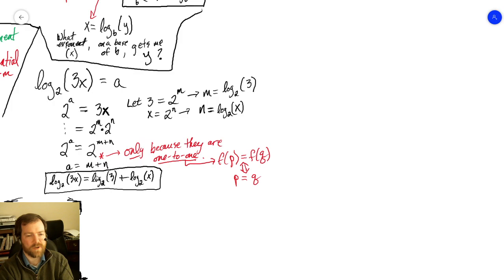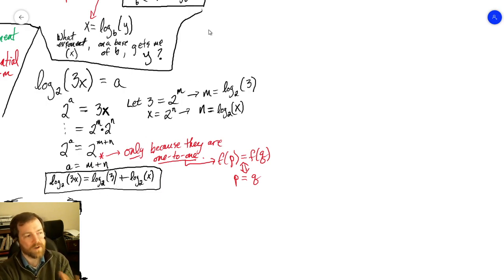If you have two logs that are being added together, you're then able to say, okay, well, they're being added, so now I can bring them back together as if they were like bases and multiply those like bases together. So this all ends up being the same here.